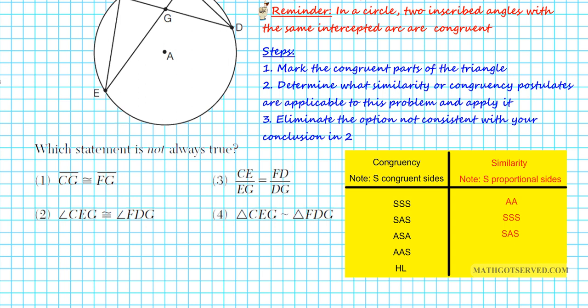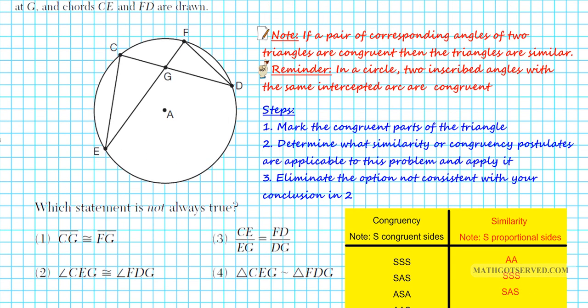It can either be AA, SSS, or SAS. In similarity, S does not mean that the sides are congruent. It means that the corresponding sides are in proportion. So you have to be really careful about what the S's mean in similarity and what they mean in congruency.